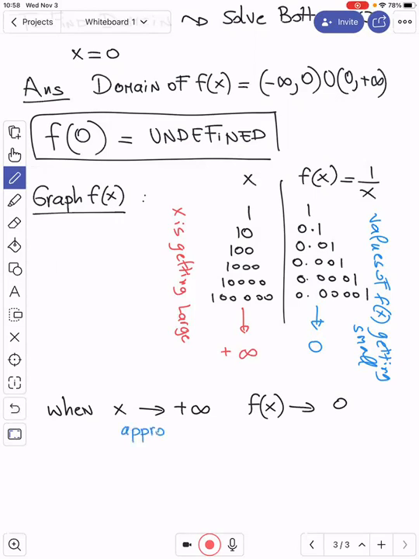X is in the neighborhood of, or close to, positive infinity. So the values of f are getting smaller and smaller, and they're actually approaching zero, right?